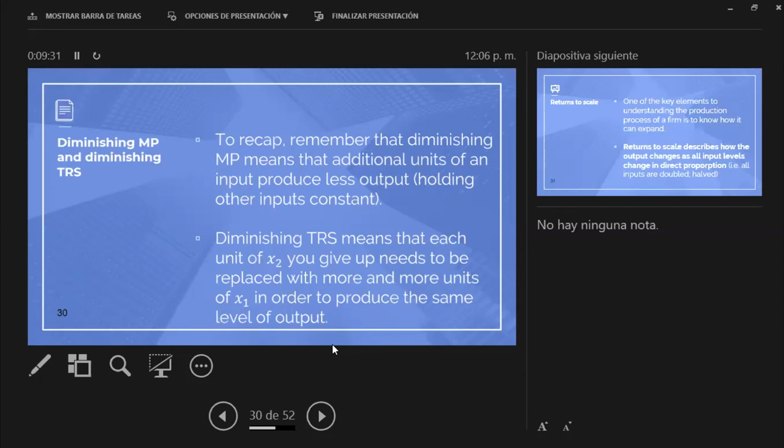And diminishing technical rate of substitution means that each unit of the second input you give, it needs to be replaced with more and more units of the other inputs in order to produce the same output.